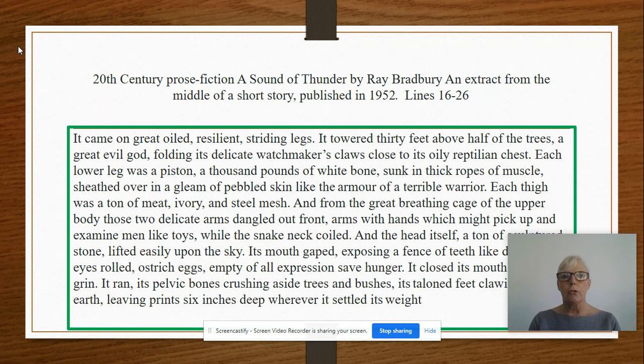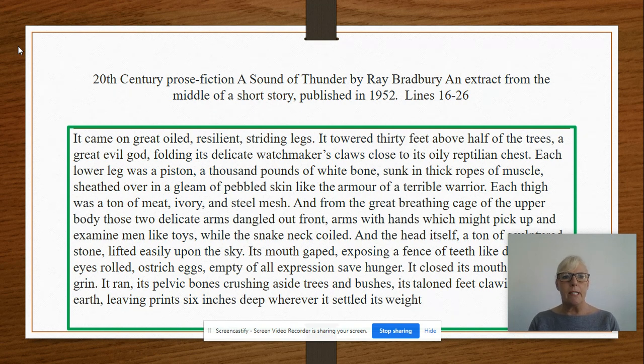It came on the great, oiled, resilient, striding legs. It towered 30 feet above half of the trees, a great evil god, folding its delicate watchmaker's claws close to its oily reptilian chest. Each lower leg was a piston, 1,000 pounds of white bone, sunk in thick ropes of muscle, sheathed over in a gleam of pebbled skin like the armour of a terrible warrior.